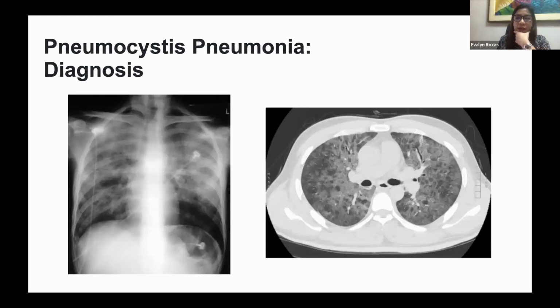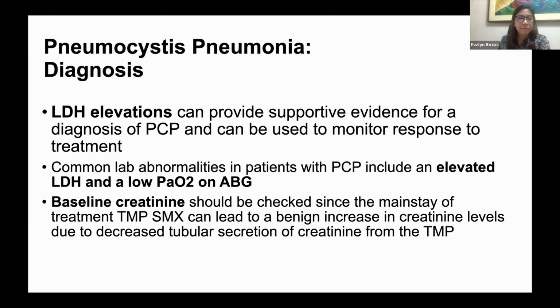These are some of the chest x-ray findings of Pneumocystis pneumonia and even the CT scan: ground glass opacity on CT scan and fluffy infiltrates on chest x-ray. But again, even if you have a normal chest x-ray and normal CT scan, if you're highly clinically suspecting Pneumocystis pneumonia, you still have to rule out PCP.